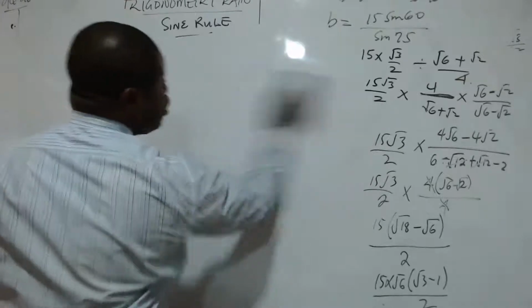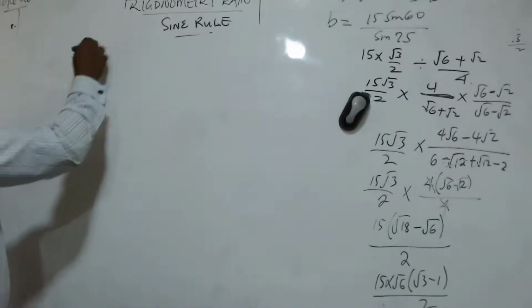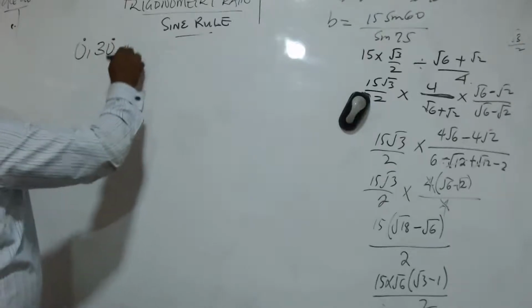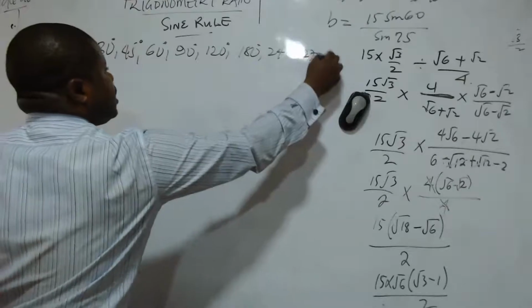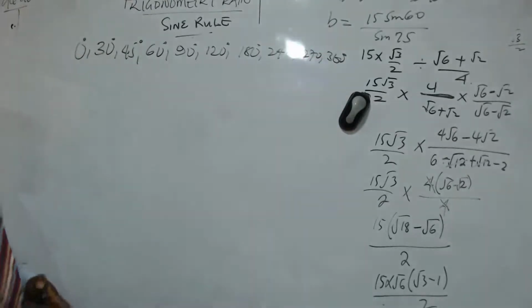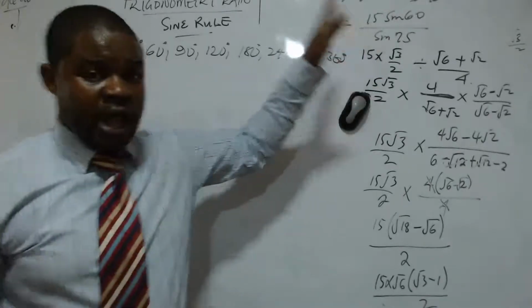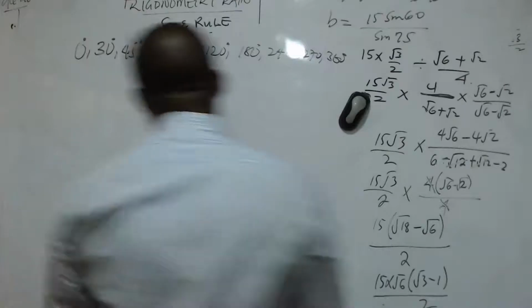You're expected to know all these angles without using a calculator. We have 0 degrees, 30 degrees, 45 degrees, 270, then 360 degrees. And that's why it's called special angles.